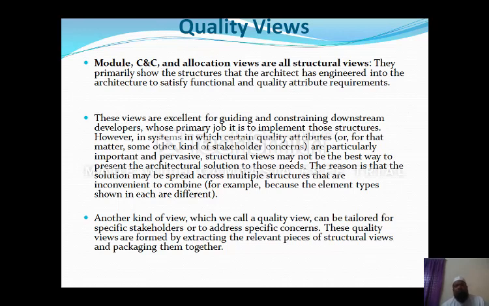Just by seeing the representation we can understand that this is a module view, this is a component connector view, this is the allocation view. They primarily show the structures that the architect has engineered into the architecture to satisfy the functionality and quality attribute requirements. These views are excellent for guiding and constraining downstream developers whose primary job is to implement those structures.